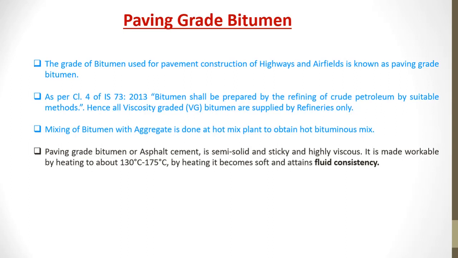Now, coming to the point of why paving grade bitumen requires heating. Paving grade bitumen in natural form is a semi-solid, very sticky and viscous substance. You cannot work with that. To make it workable, you need to heat it to a temperature of about 130 to 175 degrees Celsius. When you heat it to this temperature, it becomes like a fluid and starts flowing.